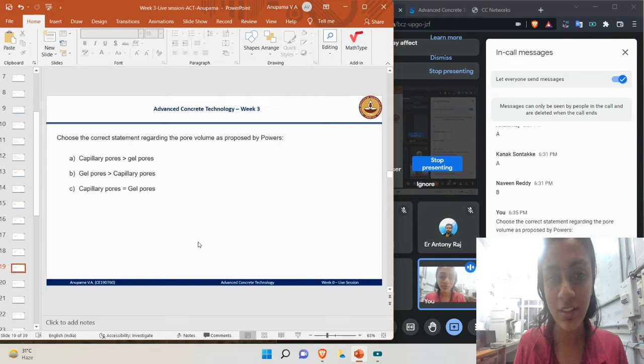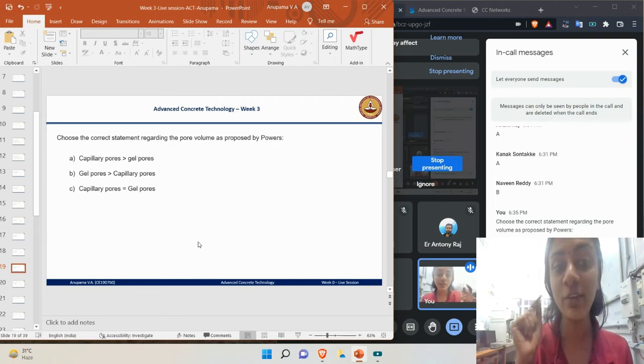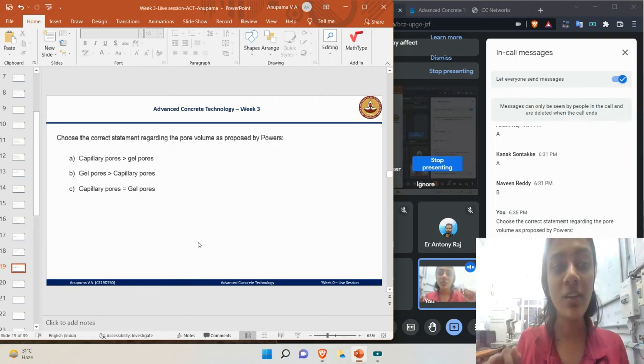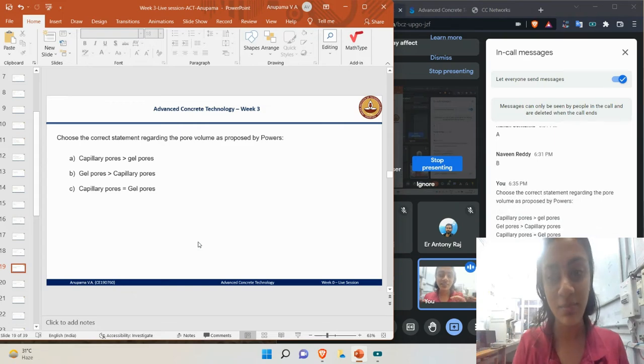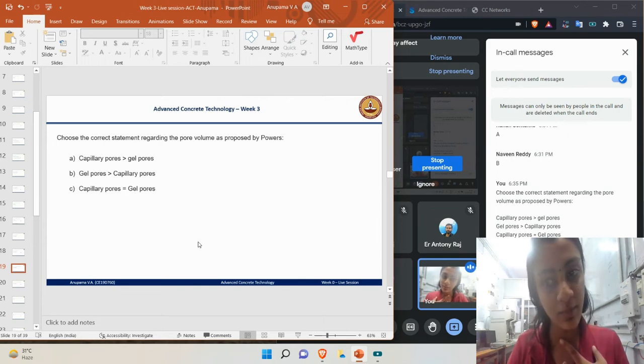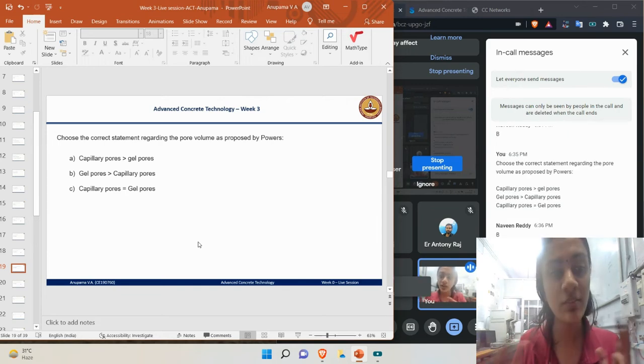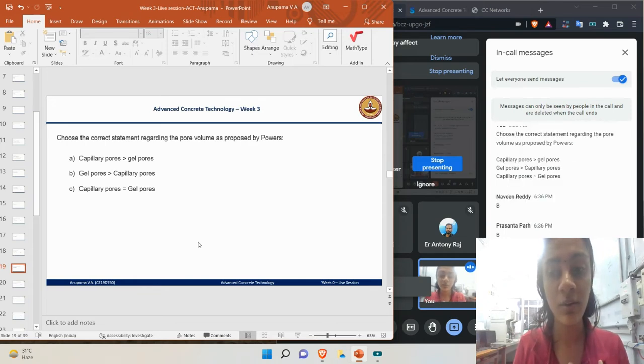I'm putting this question with a pinch of salt, that is, as proposed by Powers, what is the correct statement? Capillary pores are greater than gel pores, or gel pores are greater than capillary pores, or both are present in an equal amount in the material.